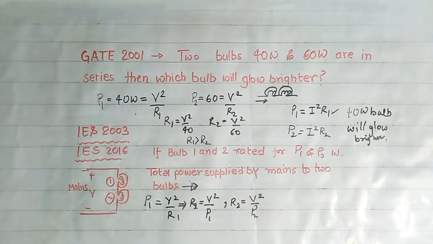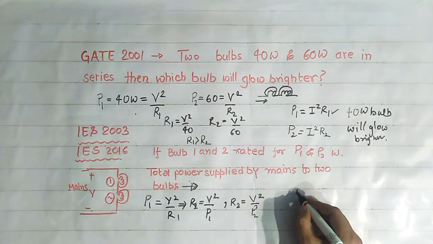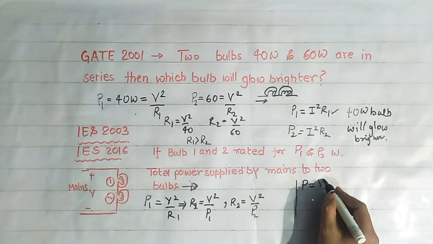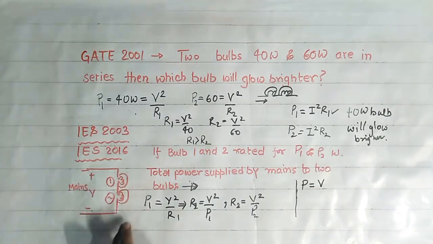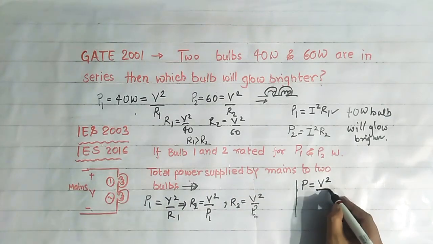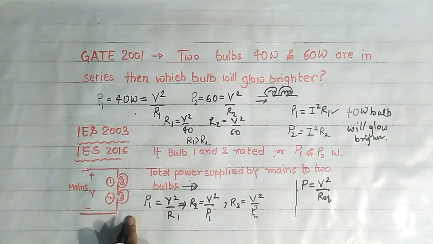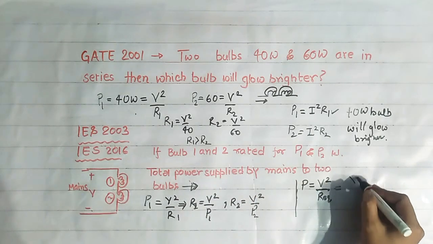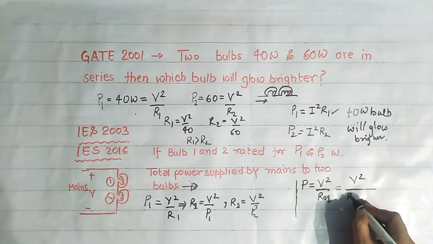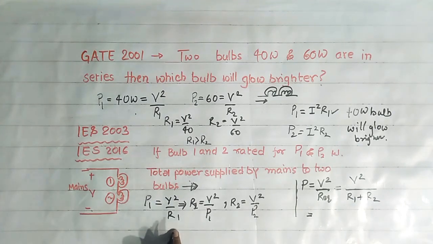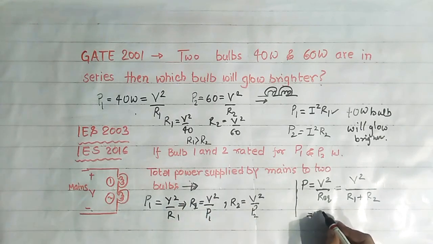Now when these two bulbs are connected in series, then how is power given? Total power P is equals to V square by Req, where Req is the equivalent resistance. So what is equivalent resistance? That is R1 plus R2, so P is V square by R1 plus R2. And what is R1? R1 is equals to V square by P1.